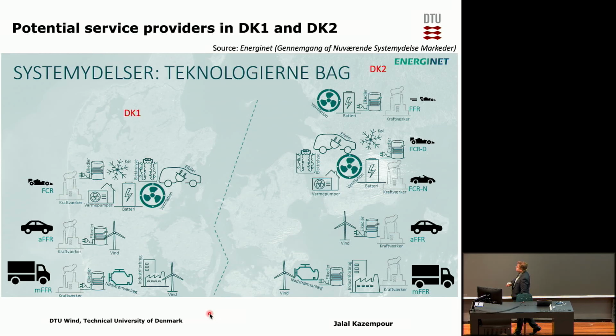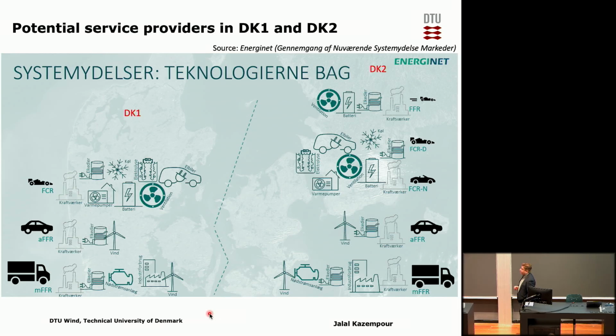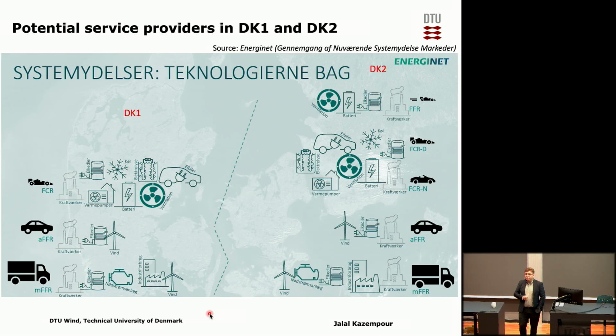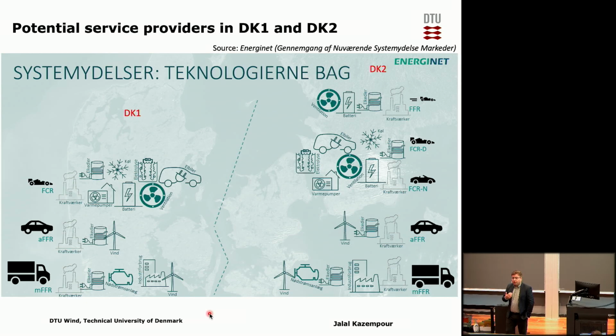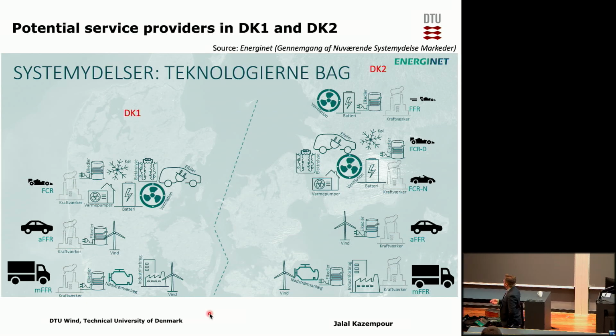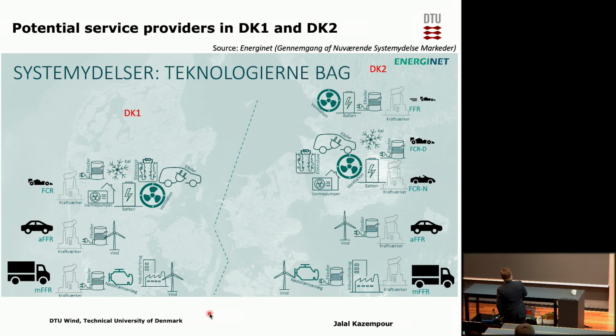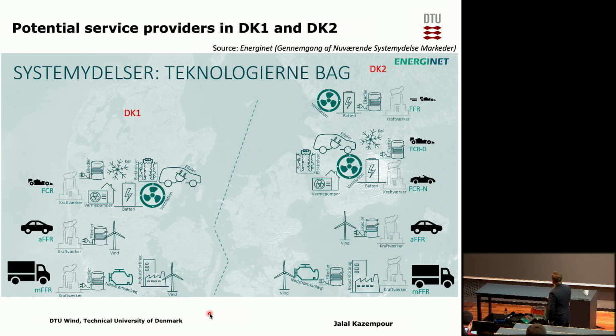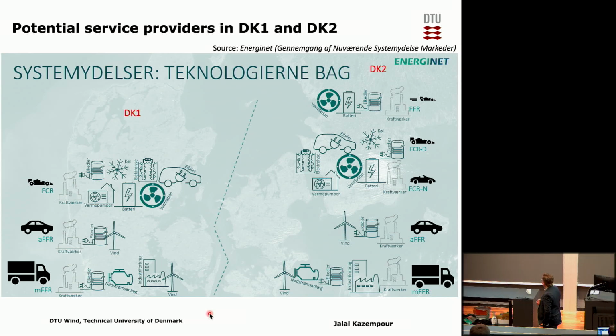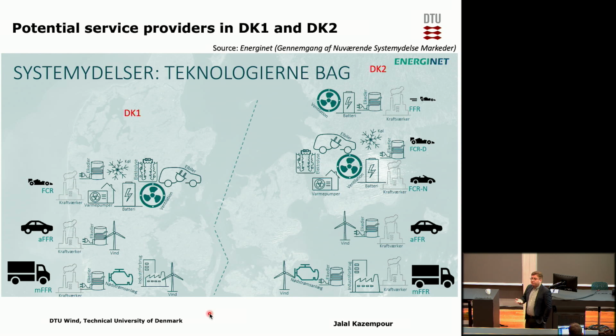This is also a slide from Energinet, showing what technologies can participate in different markets depending on how fast they are in responding to a signal. For example, in the case of DK2, you see that ventilation or batteries can participate in FFR. And since they are fast enough to participate in FFR, they can participate in all other services as well.